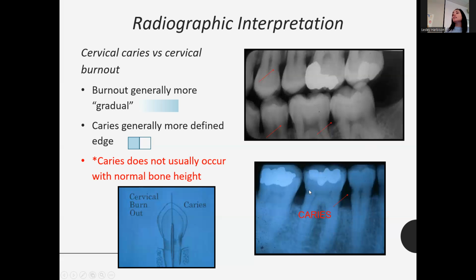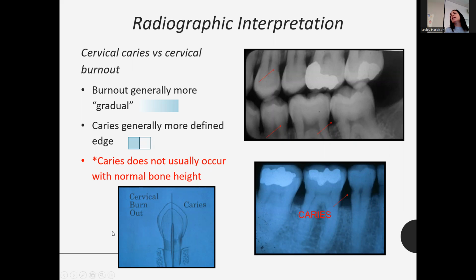Although I wouldn't know until I went in clinically. Like if I went in here and was feeling and it felt kind of ditched or maybe it felt a little soft, then I'd be like, no, that's caries. But in general, I wouldn't go to perio and say cervical burnout. I would probably think if it's a perio patient, it's higher likelihood that it's caries.